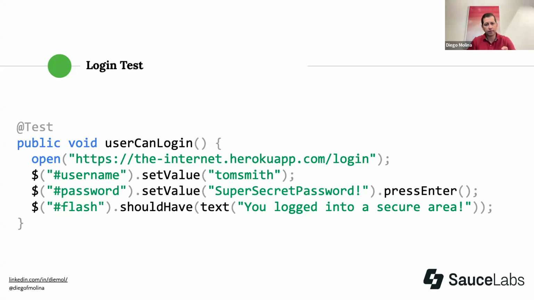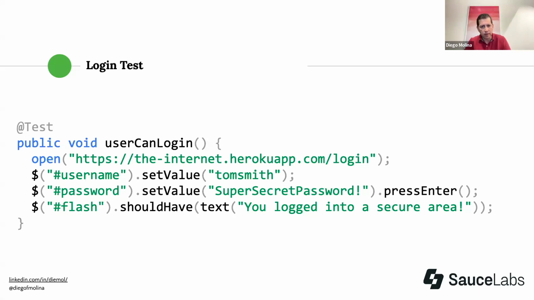Here, in 4 lines, there are different methods in the API of this framework that anyone who doesn't really need to know how to code could read and understand basically what is happening in the test.